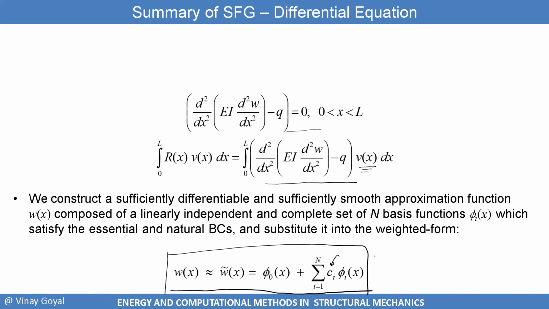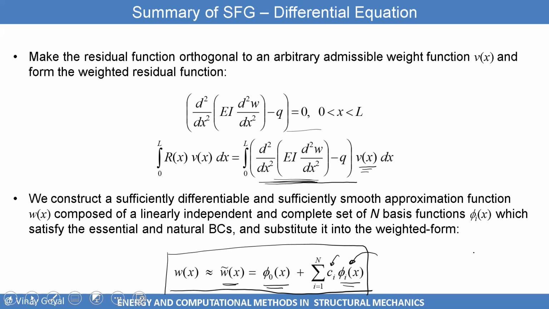You have the basis functions here. And this one here is only here to satisfy the non-homogeneous boundary conditions, while the phis have to satisfy the homogeneous form of the essential and natural boundary conditions. You can see here that this has to be up to quadratic, because if it was cubic, then when you plug it in here, it will vanish. And so that's not a really good approximation.